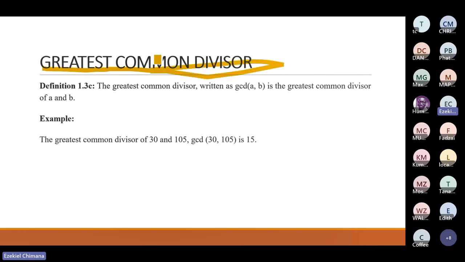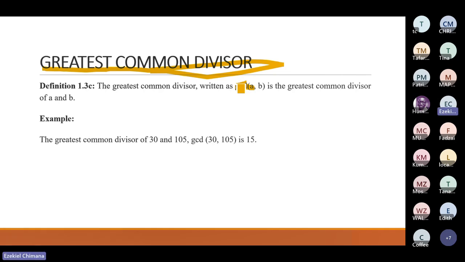By definition, the greatest common divisor, written as GCD of A, B, is the greatest common divisor of A and B. You are given two numbers, A and B. Then the greatest common divisor is that larger number that divides into A and B. That's what we call the greatest common divisor, and it's normally represented by GCD.